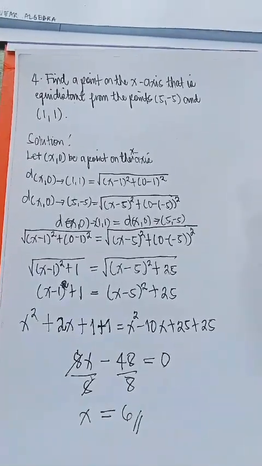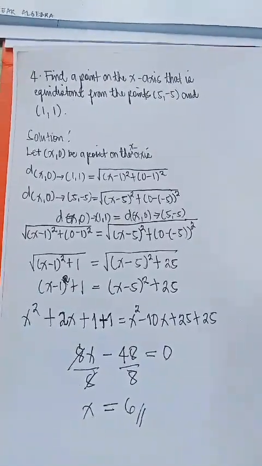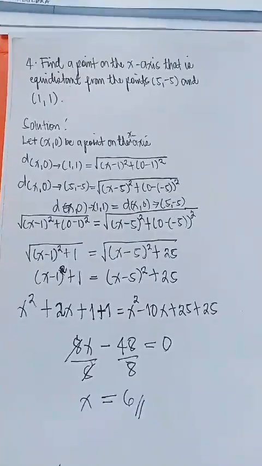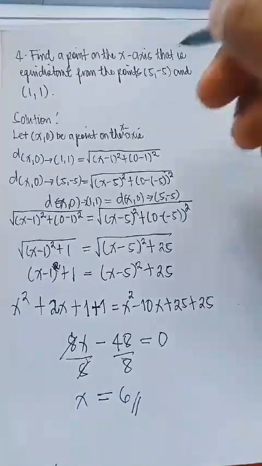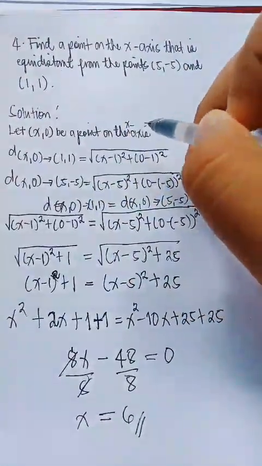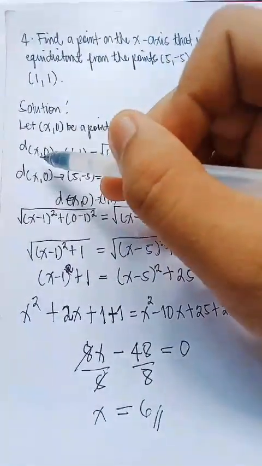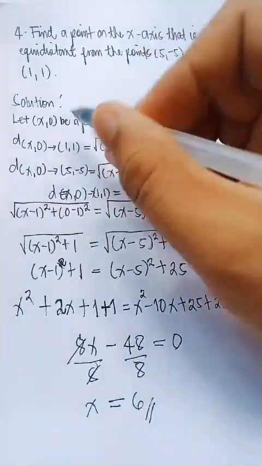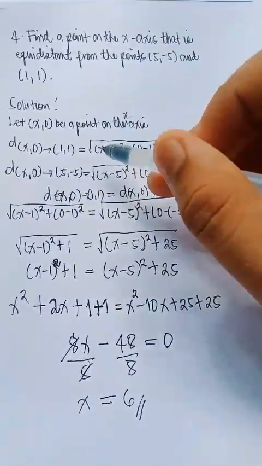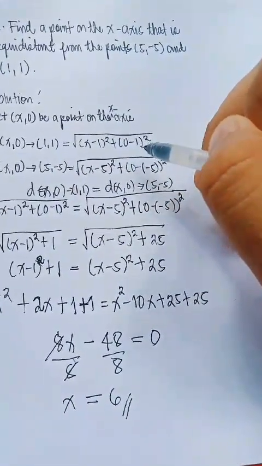Problem number 4. Find a point on the x-axis that is equidistant from the points (5, -5) and (1, 1). So our solution goes like this. We let (x, 0) be a point on the x-axis. Next, d of (x, 0) to (1, 1) is equal to the square root of (x minus 1) raised to 2 plus (0 minus 1) raised to 2.